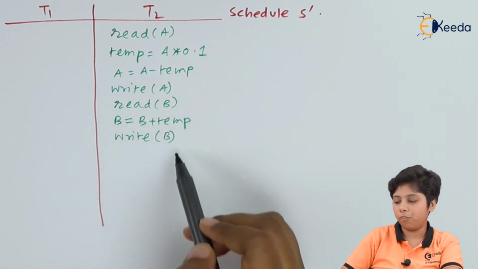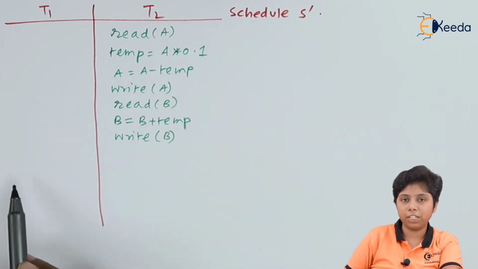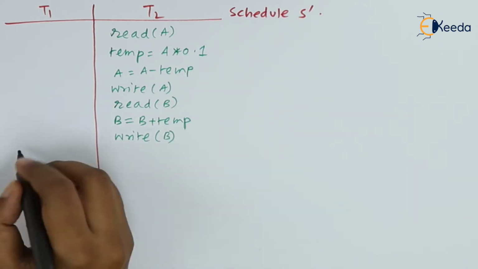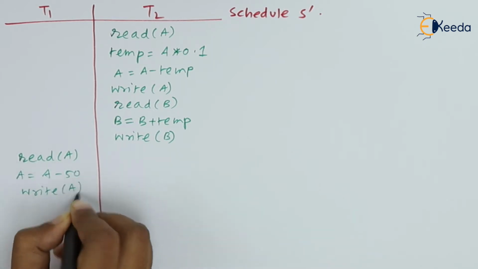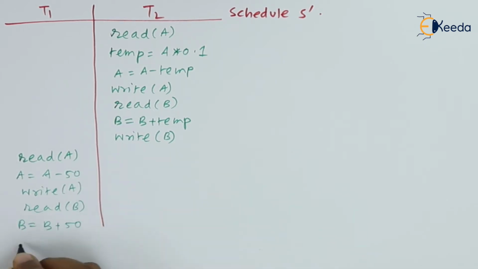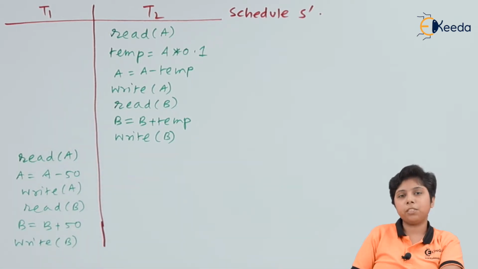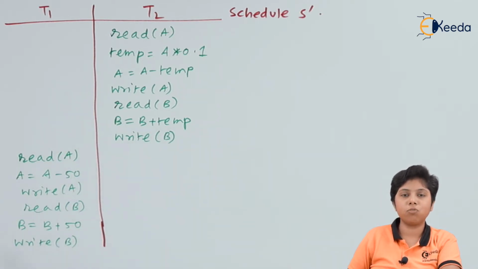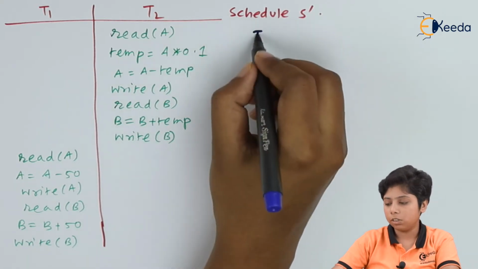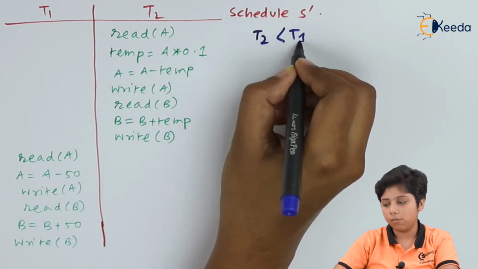Now T2 has performed all its operations. Now T1 will continue with its operations. Now it will perform this A and B with the same schedule, with the transactions reversed in this order. Now T2 precedes T1.